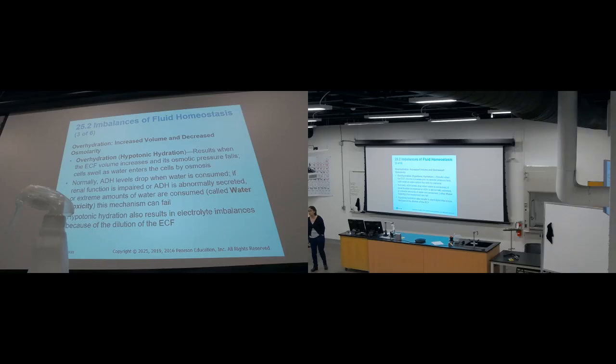But let's say that someone has damage to the kidneys and kidney function is impaired, or ADH is abnormally secreted, or someone takes in excess water. Well, this mechanism can fail. And then hypotonic hydration always results in electrolyte imbalances, because it dilutes the extracellular fluid.